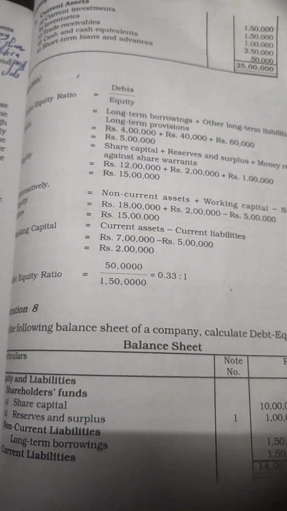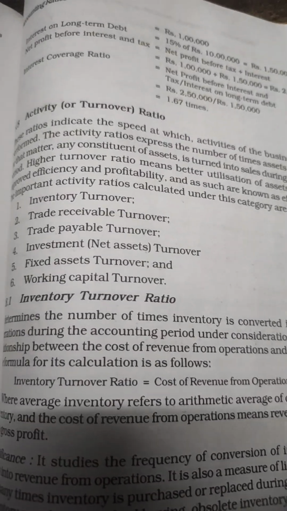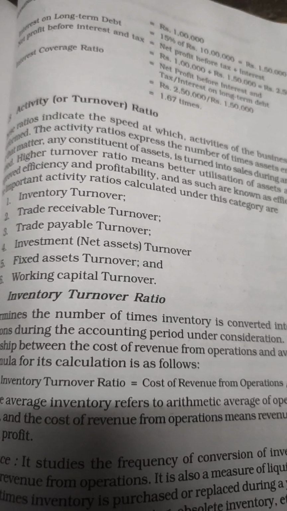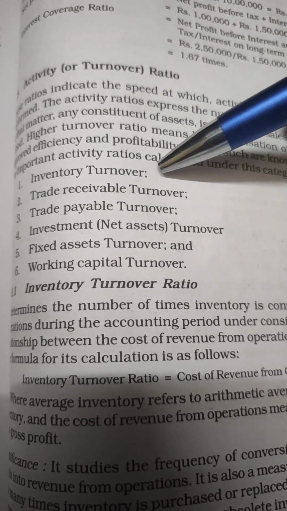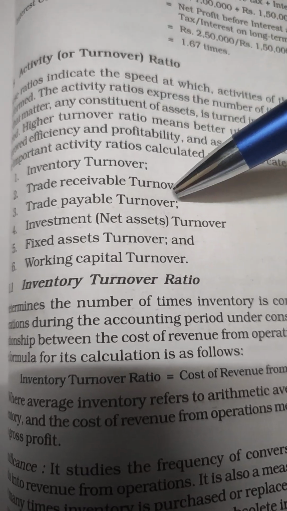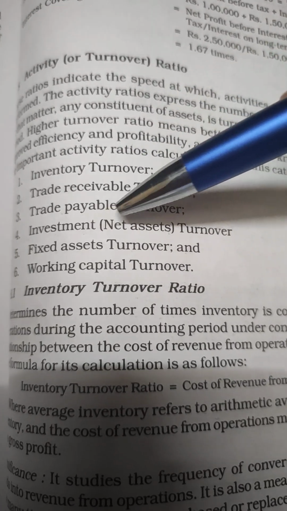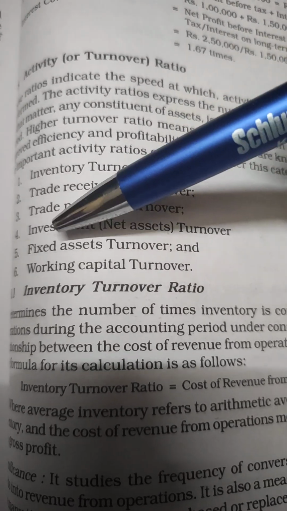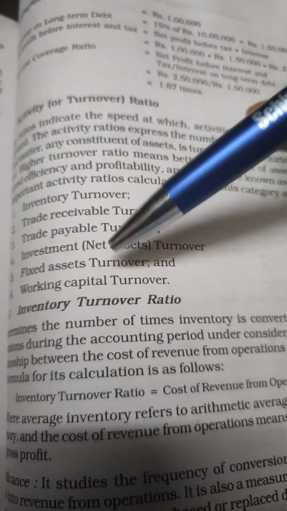Now we are going to discuss the activity ratios. Activity ratios, also known as turnover ratios or efficiency ratios, show the efficiency of a firm. It includes inventory turnover ratio, trade receivable turnover ratio, trade payable turnover ratio, investments or net assets turnover, fixed assets turnover, and working capital turnover ratio.